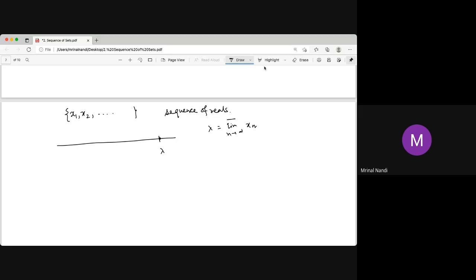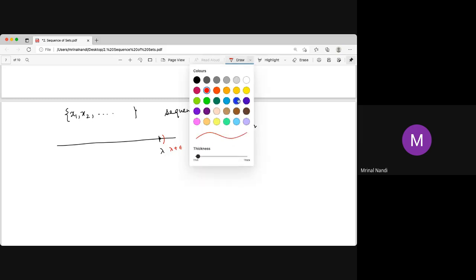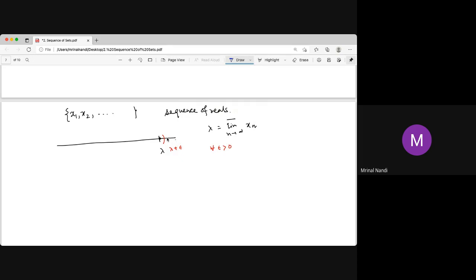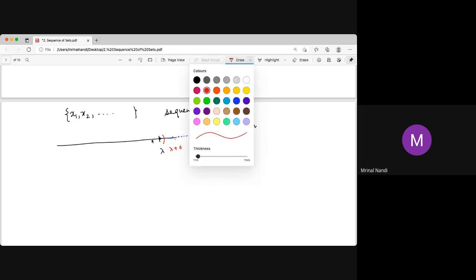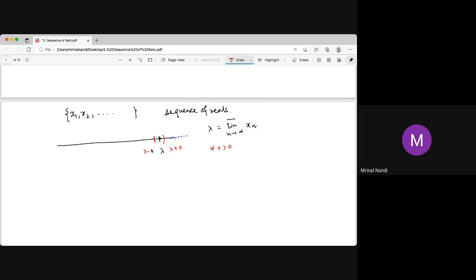That means if you take slightly more, for all epsilon, however small or large, after that there is no limit point. So there are only finitely many elements here. And since lambda is a limit point, in the interval from lambda minus epsilon to lambda plus epsilon, there are infinitely many elements.